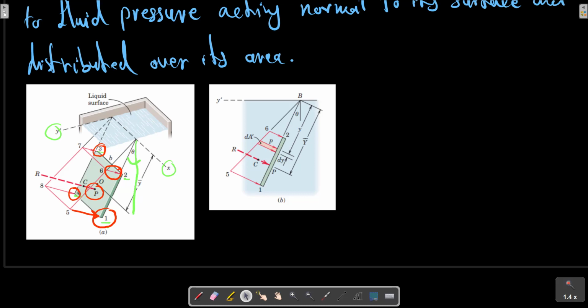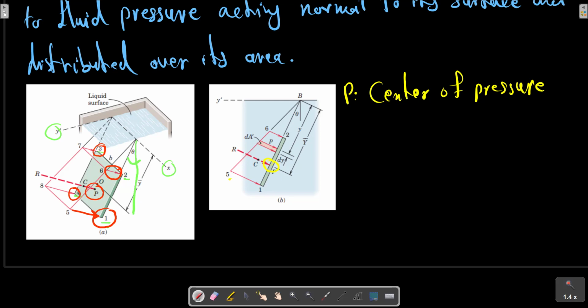The resultant force produced by this pressure distribution is represented by R, which acts at the point P called the center of pressure. This point, center of pressure.